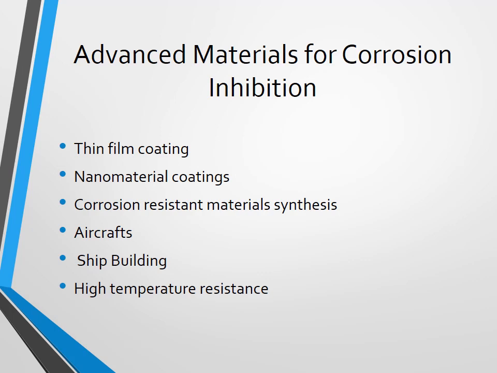And in areas where a high temperature environment is applied, materials easily get corroded. So to prevent that corrosion, we will also use advanced materials so that the corrosion process is prevented and our metal is preserved for a longer time and its durability can be enhanced.